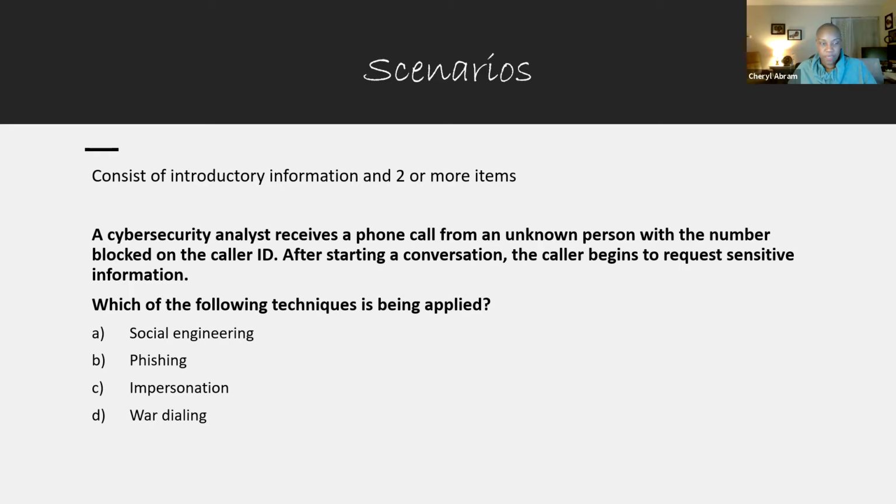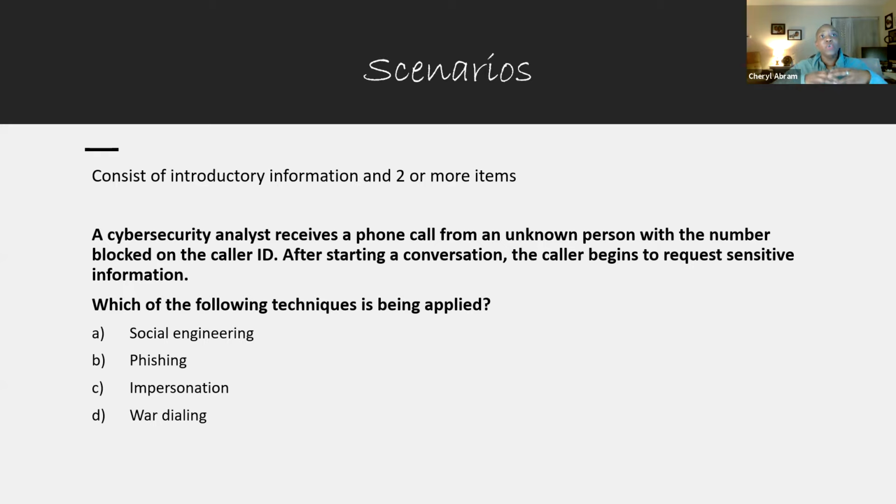All right. I receive a phone call, they start a conversation, and now the caller begins to request sensitive information. What does that whole sequence fall under? One of the things you need to look for in the key is that sometimes it'll be like, well, that's right, and that's right, but it's only asking me for one thing.